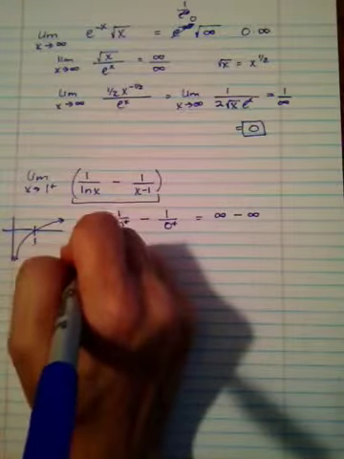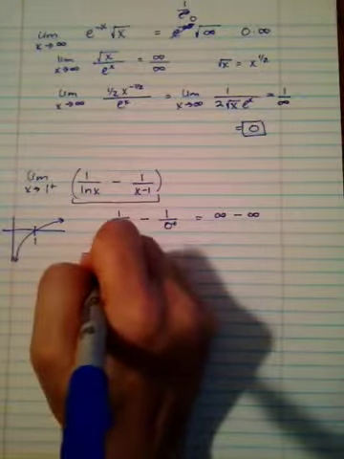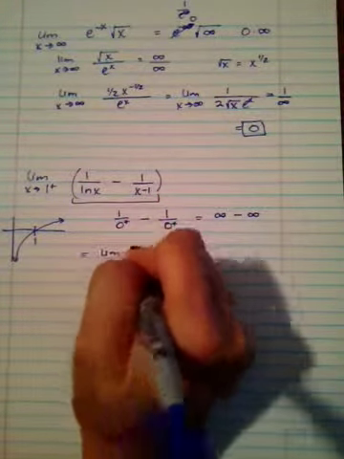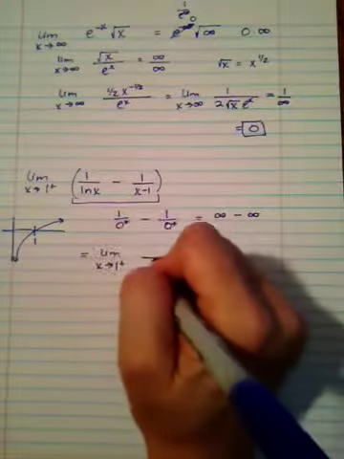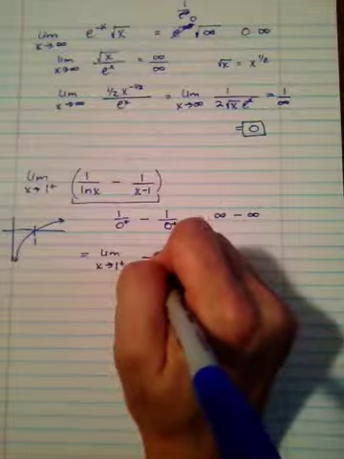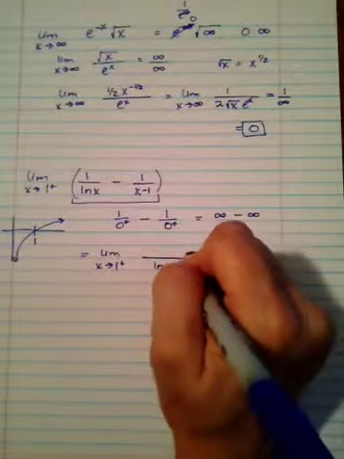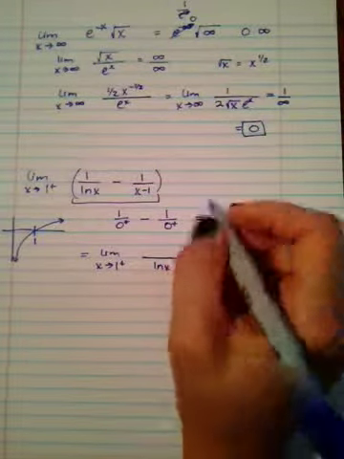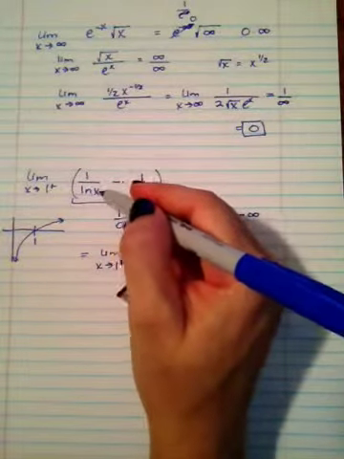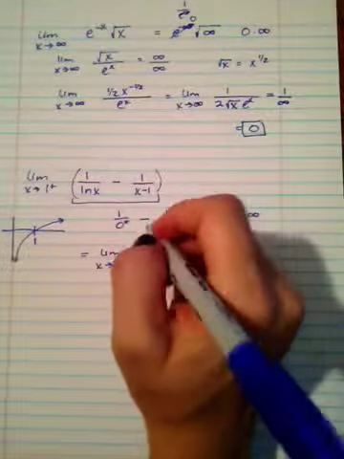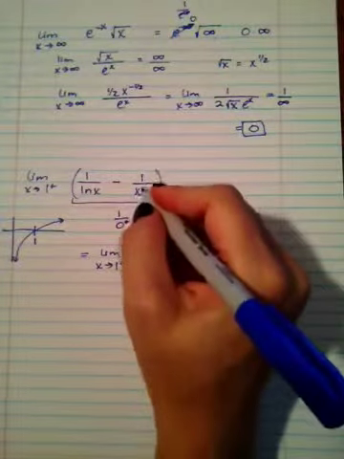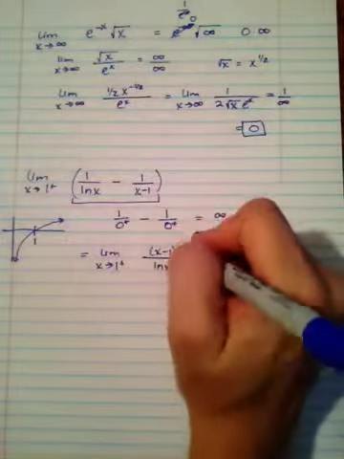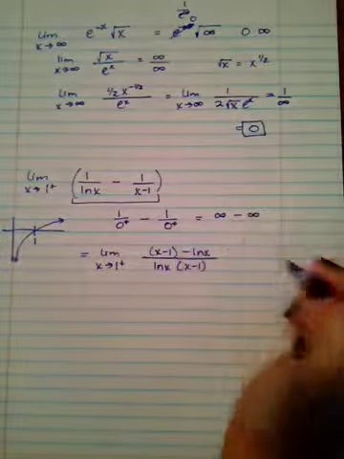So this will equal the limit as x approaches 1 from the right. I'm going to get a common denominator. So I'll multiply my 2 denominators together, and I have the natural log of x times x minus 1. So since I multiplied the denominator by x minus 1, I'll multiply the numerator by x minus 1, and I'm subtracting, and then on this fraction I have to multiply by the natural log of x.